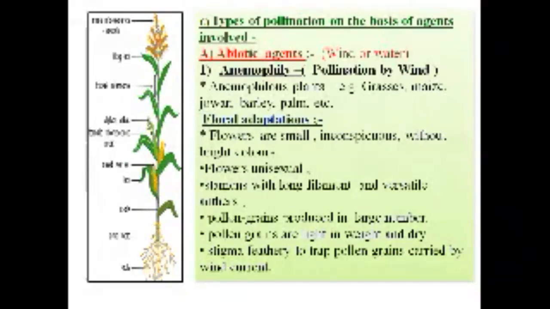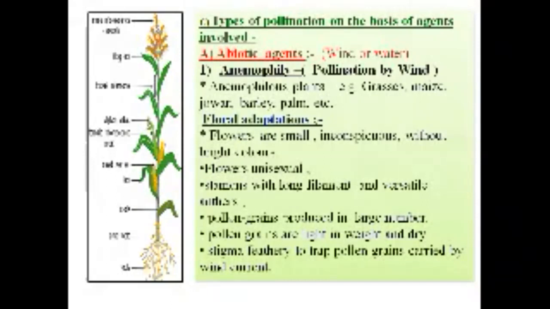These flowers are not attractive. There is no need to make the flower attractive. Flowers are unisexual, a very important feature. Stamens with a long filament and versatile anther. It is a very important feature of an anemophilous flower.